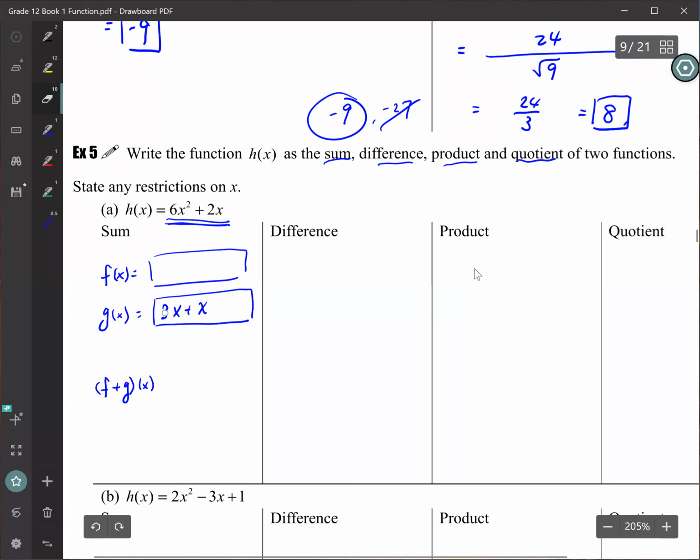Okay, anyone else want to try? Eric, what about you? 4x squared plus x, and the other one is 2x squared plus x. Okay, so let's see if it works.